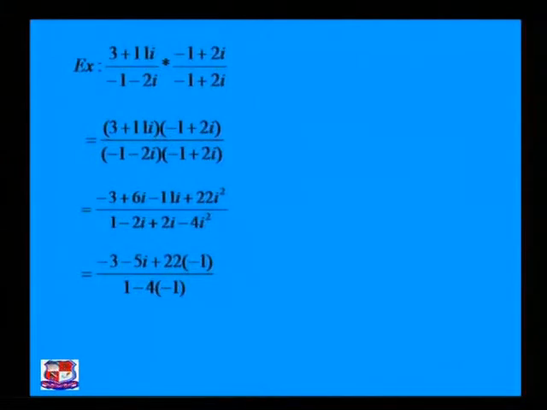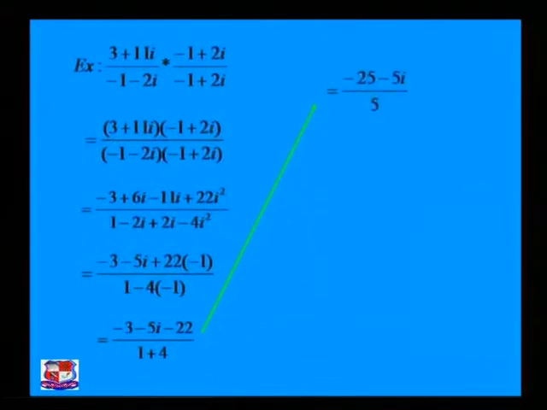6i - 11i, that is equal to -5i, and i square is equal to -1, so 22 into -1, and in the denominator I will get 1 - 4 into i square, that is equal to -1. So by simplification we will get (-3 - 5i - 22) upon (1 + 4), that is equal to 5.